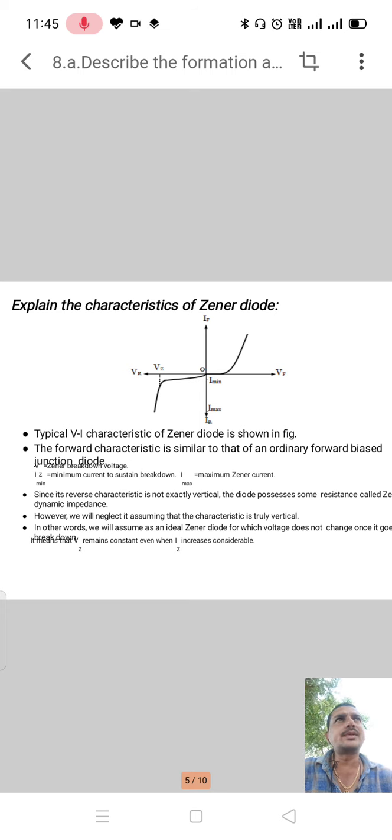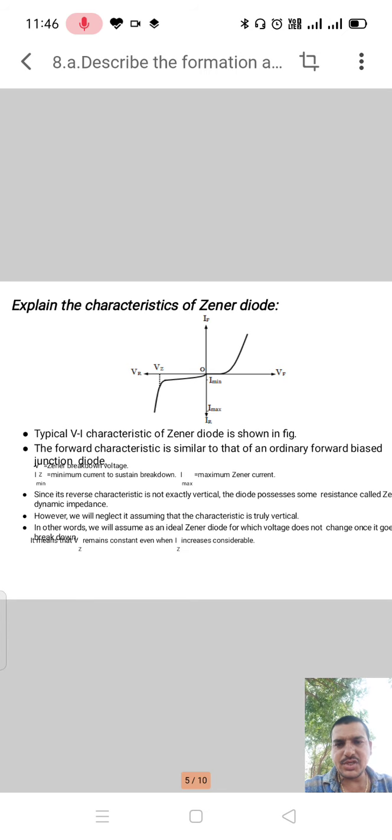This graph represents both forward and reverse biased characteristics. The forward characteristics is similar to that of an ordinary forward biased junction diode.